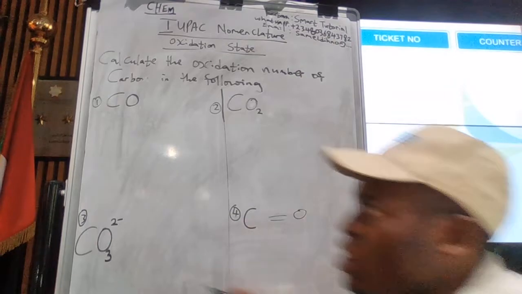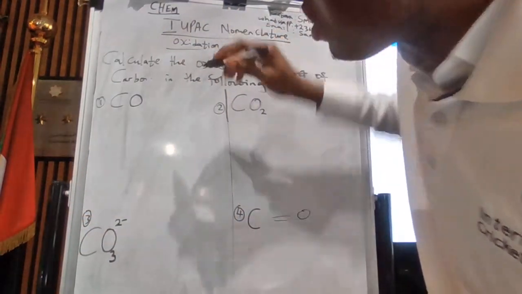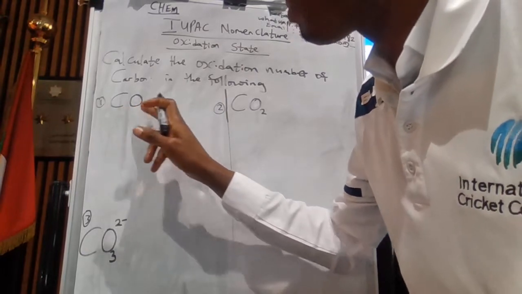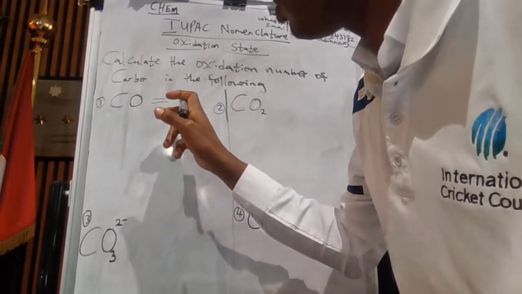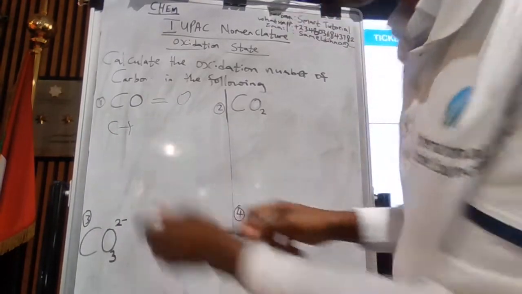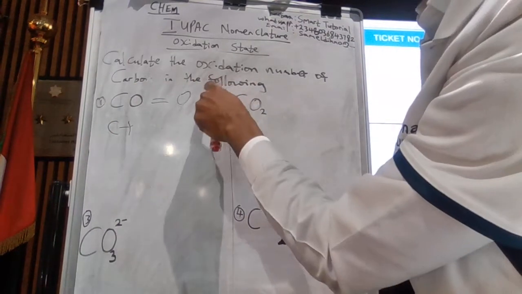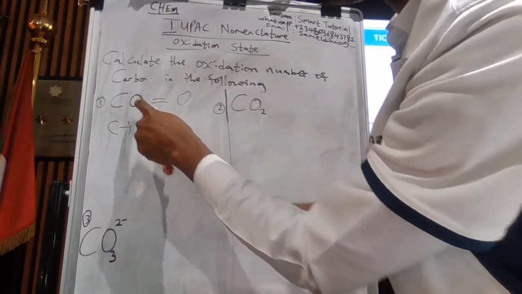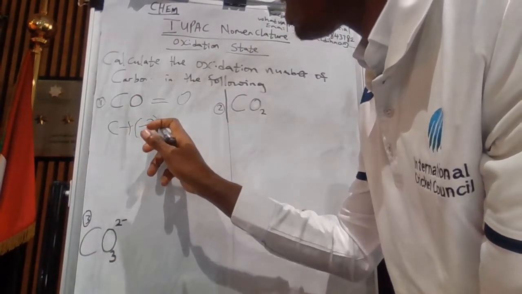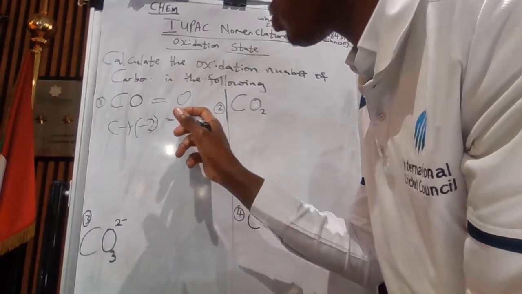Now let's look at the first one, CO. We have CO, the power is 0, just equate it to 0. Then C, we are looking for the oxidation number of carbon in the following. The oxidation number of oxygen is -2. So we have to put brackets here to protect the -2, equals 0.